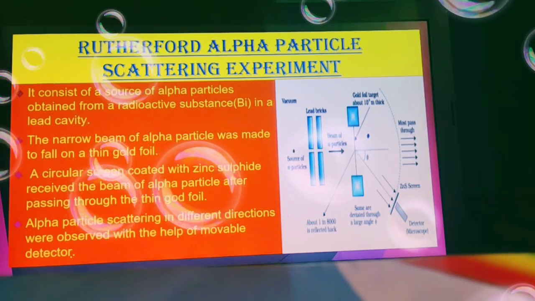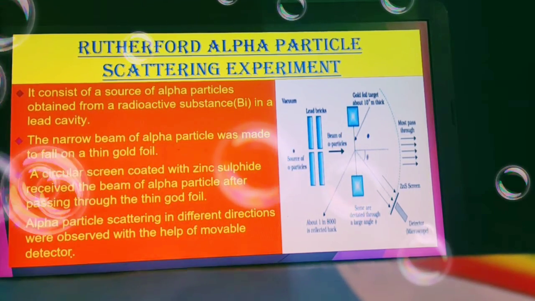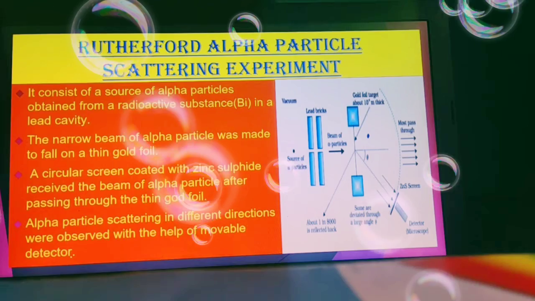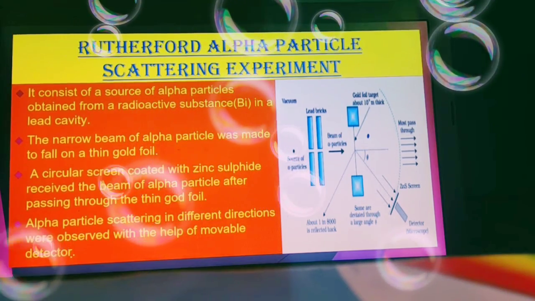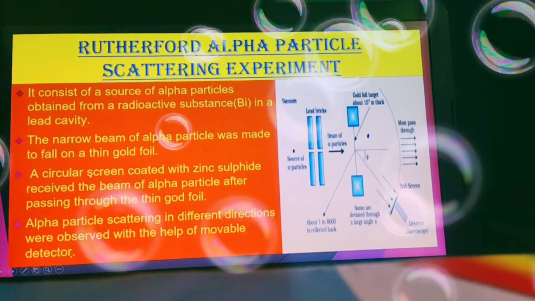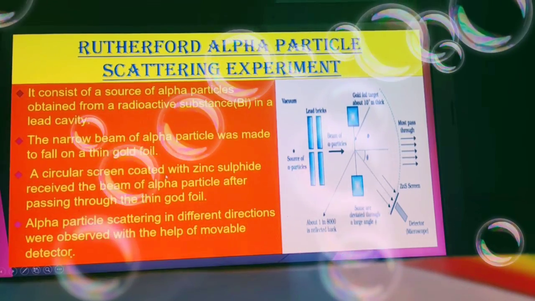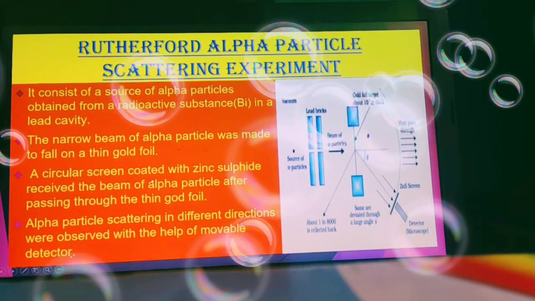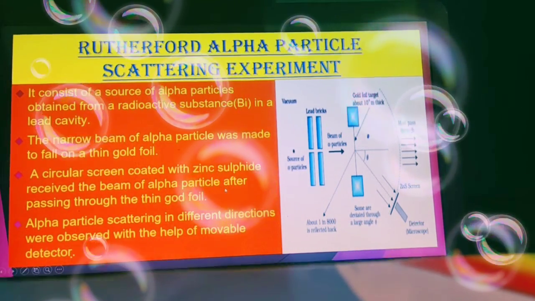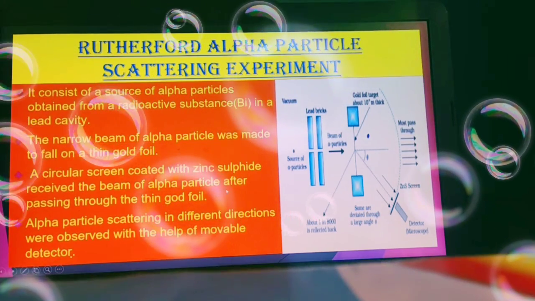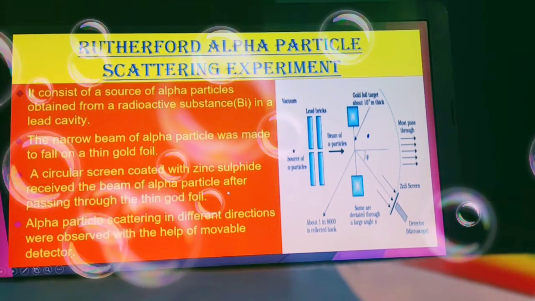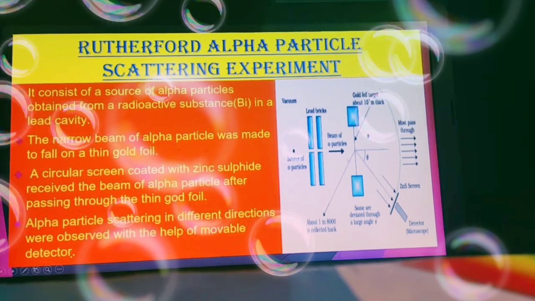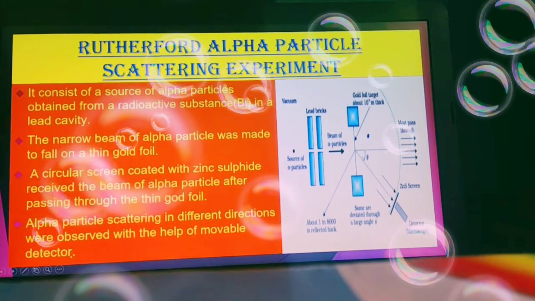The gold foil is very thin, so alpha particles are scattered in different directions. The third one is a circular screen coated with zinc sulfide, which receives the beam of alpha particles after passing through the thin gold foil.